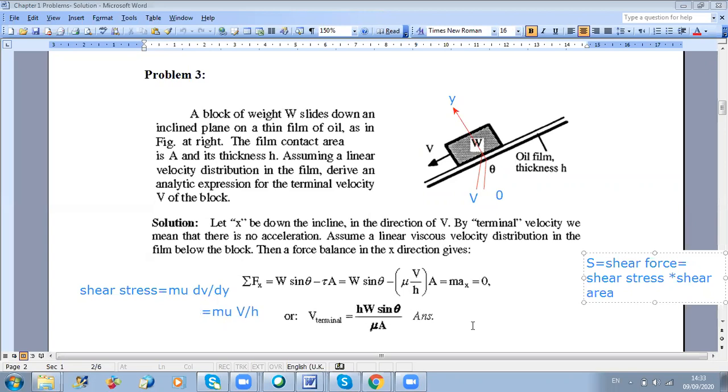So now I can say that the terminal velocity is equal to h times w times sine theta over mu a. And in this way, I have expressed my linear velocity at the final state, function of h, w, theta, viscosity, and contact area.